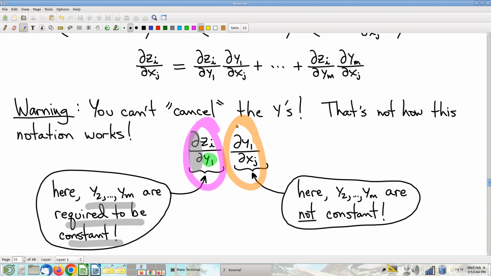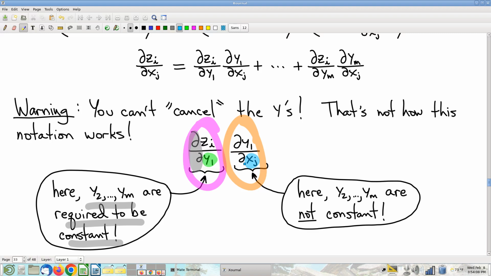Okay, now let's compare that with what's going on over in this story. In this story, we're taking a partial with respect to xj. That means we're going to hold all of the other x variables constant. But with those x variables held constant, we're going to change xj. We're going to change one of the x's. And unavoidably, when you change one of the x's, all of the y's, you should assume, are also going to change.